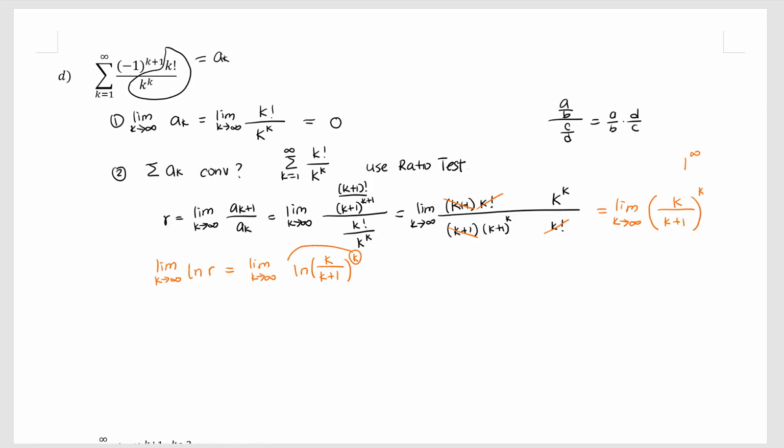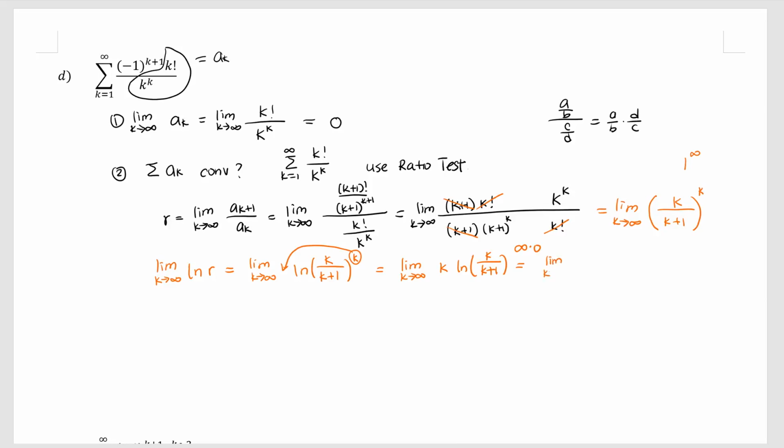We can move the k in front, bringing the exponent down. Then we have k ln of k over k plus 1.